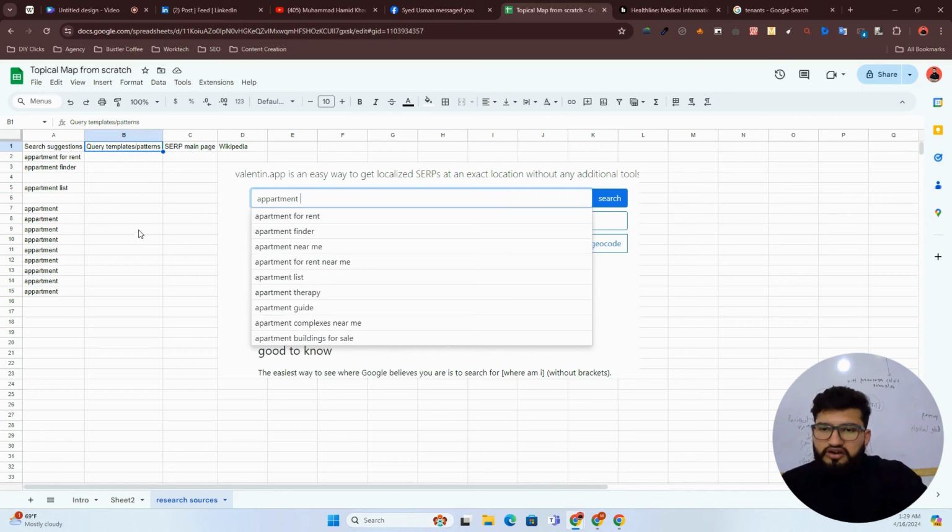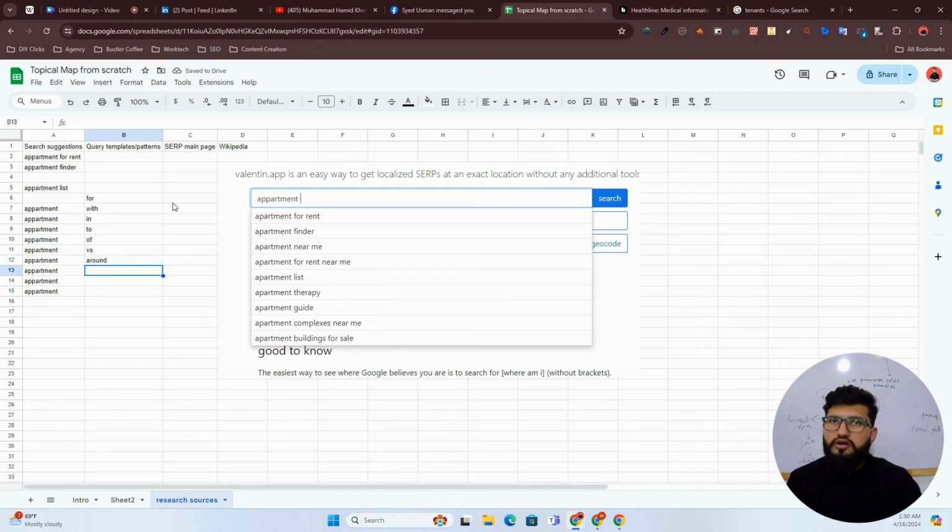Then query template pattern means you figure out some important prepositions or conjunctions. For example, for could be very important, like apartment for. Then you can write apartment with, apartment in, apartment to, apartment of, apartment versus, apartment around.